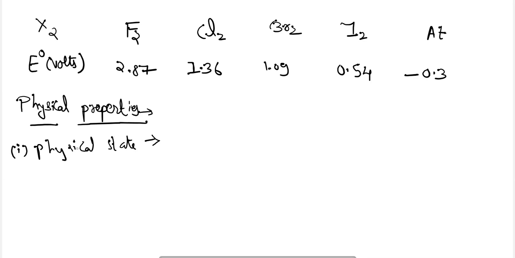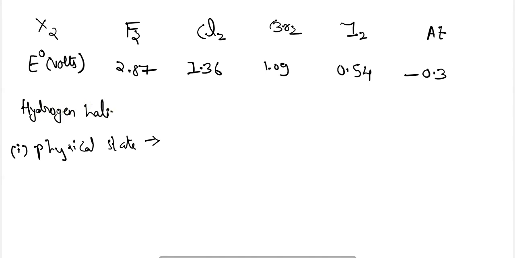Before physical properties, let me clarify that we are talking about the hydrogen halides, the compounds of hydrogen. In hydrogen halides, we are first going to talk about their physical properties. The first physical property we are going to discuss is the physical state.